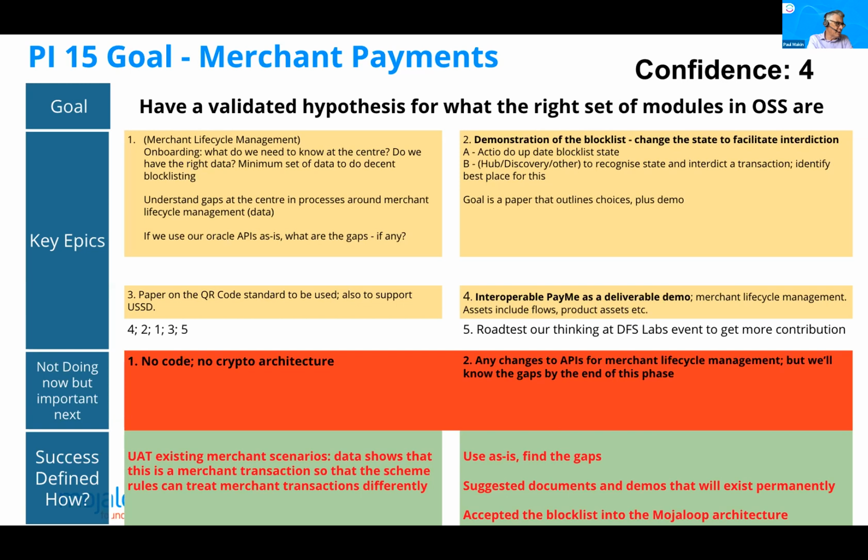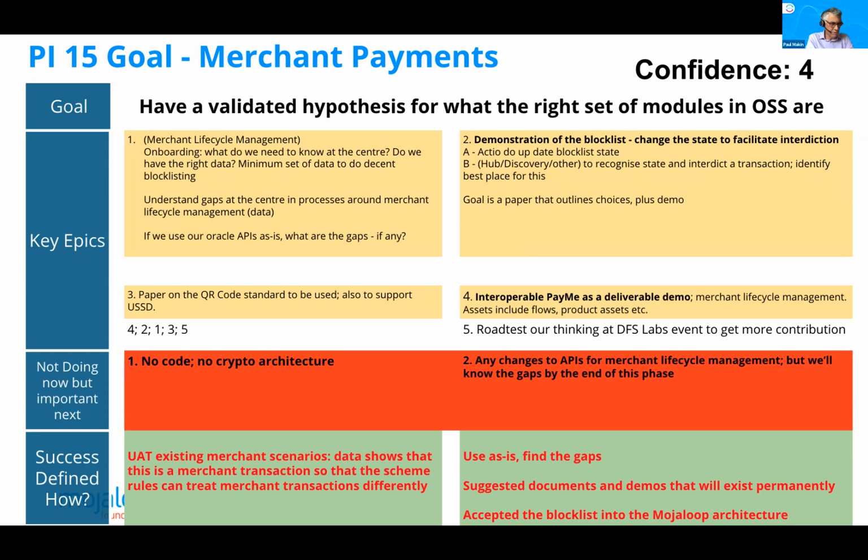Third, we need to have clarity on QR codes, the standards to be used. We agree, I think, that use of a standard does not imply endorsement of business practices, for example. So we think that maybe we could use the EMVCO standard and bend it to our needs.